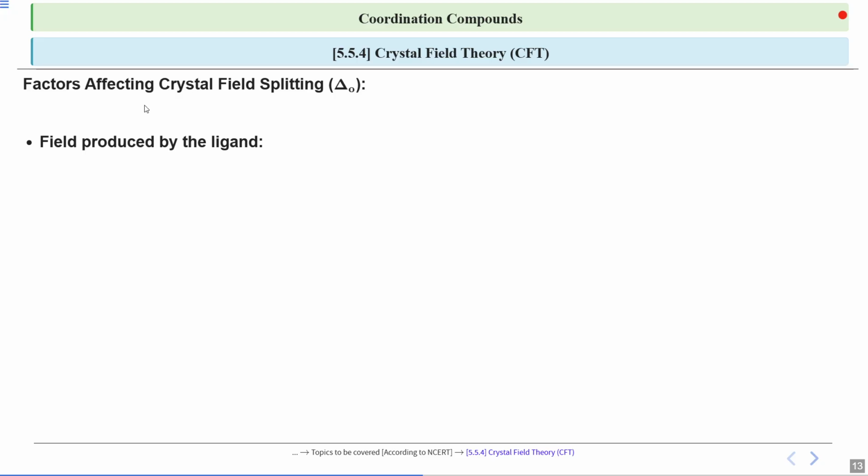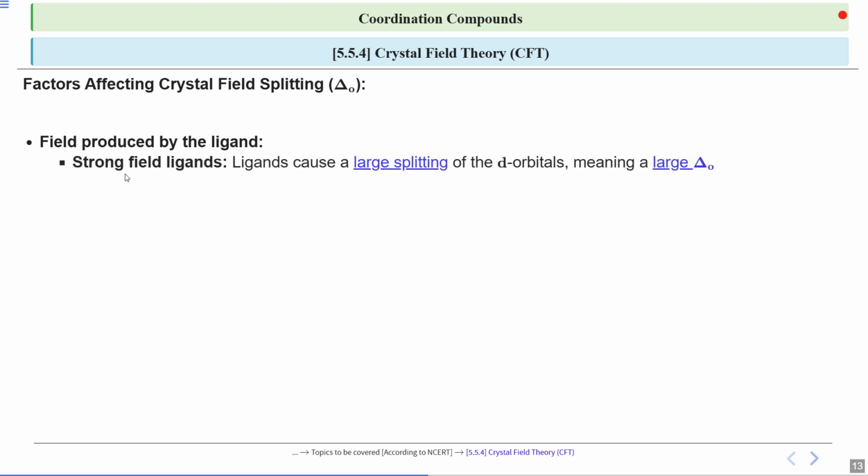Let's see the factors which affect the crystal field splitting, or delta naught. First, the field produced by the ligand. Strong field ligands cause large splitting of the d orbitals, which means a larger delta naught.